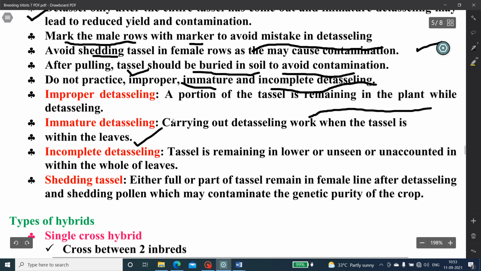Incomplete detasseling means there should not be any remnants of the tassel at the lower portion, and that should be removed. Shedding tassel means if there is a remaining part of the tassel in the female parent, that will shed pollen which may cause genetic contamination that will affect the genetic purity of a crop.